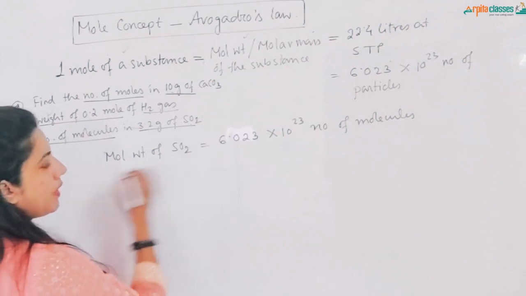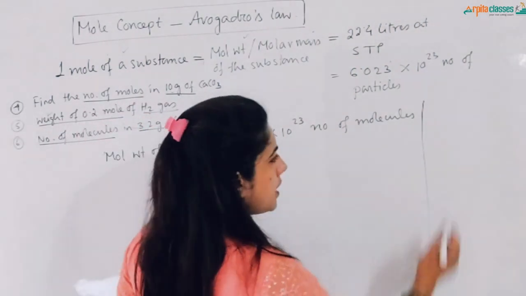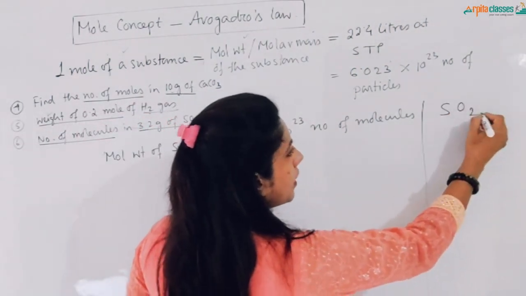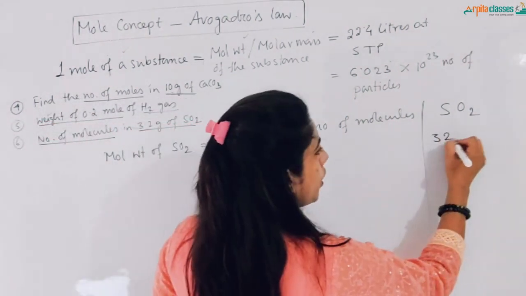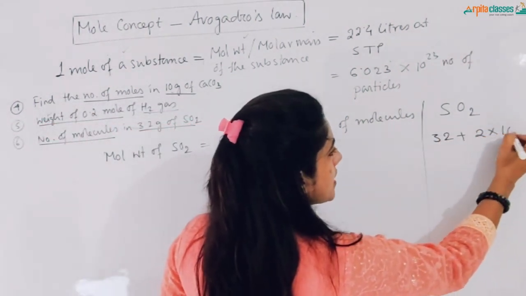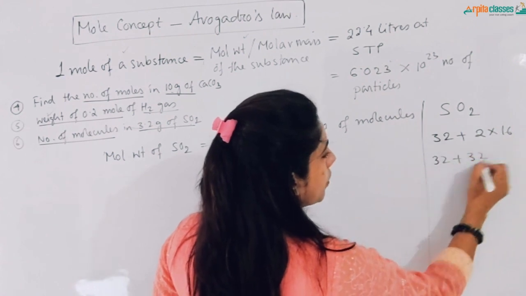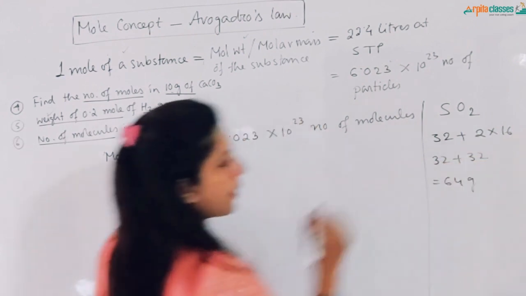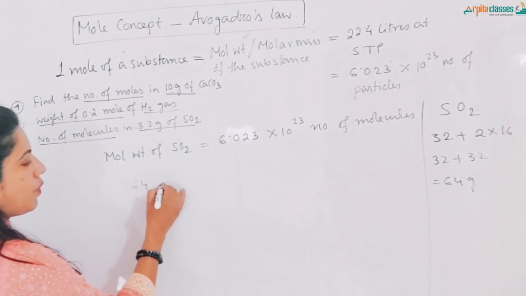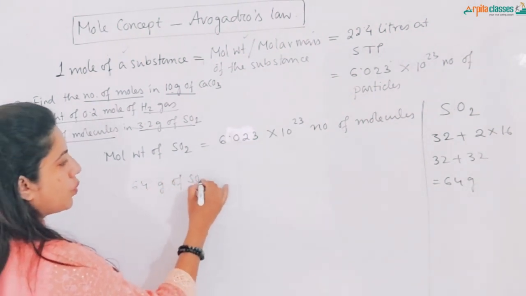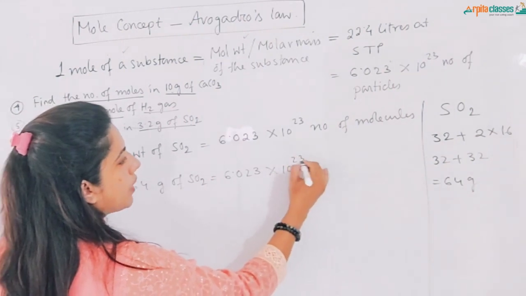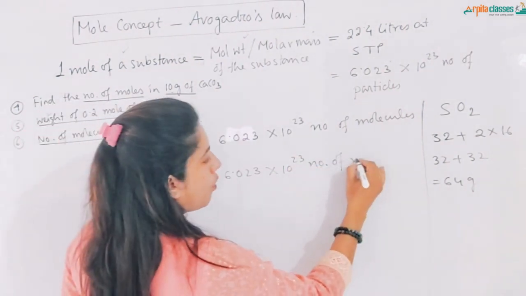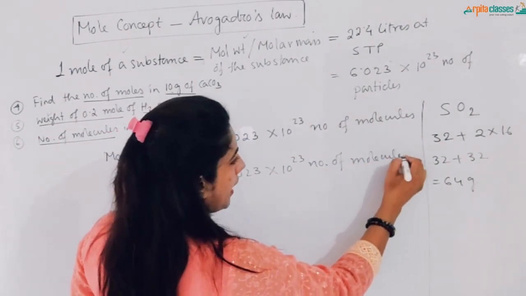Now, let us find out the molecular weight of sulfur dioxide. SO2, so here 1 sulfur and 2 oxygen. 1 sulfur is 32, 2 oxygen is 2 into 16, so it is 32 plus 32, which comes to 64 gram. So here we'll write 64 gram of SO2 is equal to 6.023 into 10 raised to power 23 number of molecules, right?